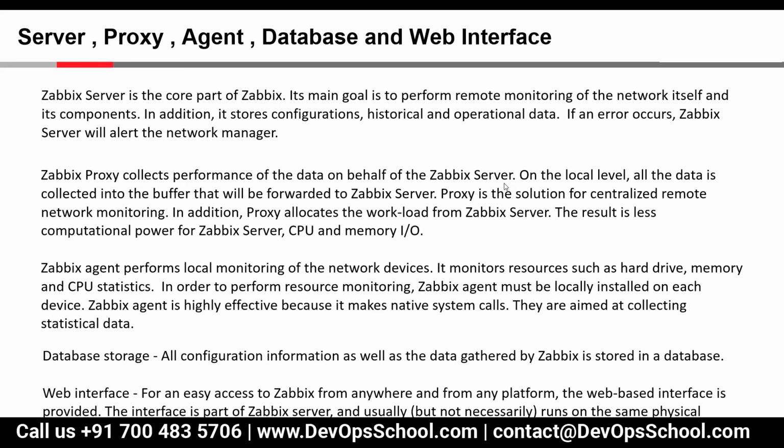The proxy will locally store the data for 1 or 2 hours, and whenever the connection is established between proxy and server, it will push all the data to the server. So locally we can store it on the proxy, but the main storage is the Zabbix server only.